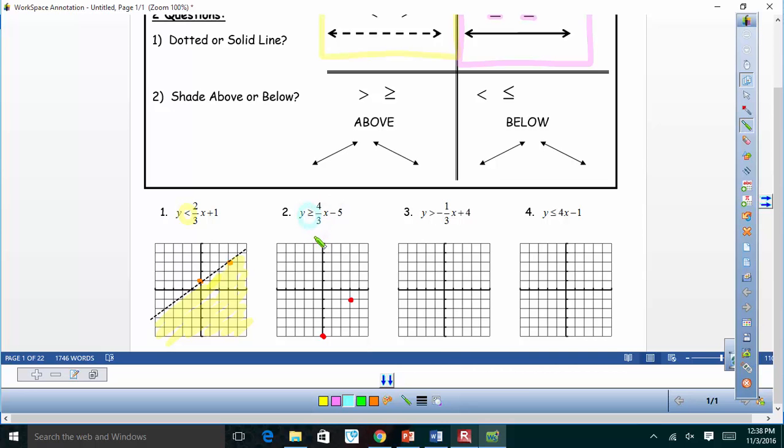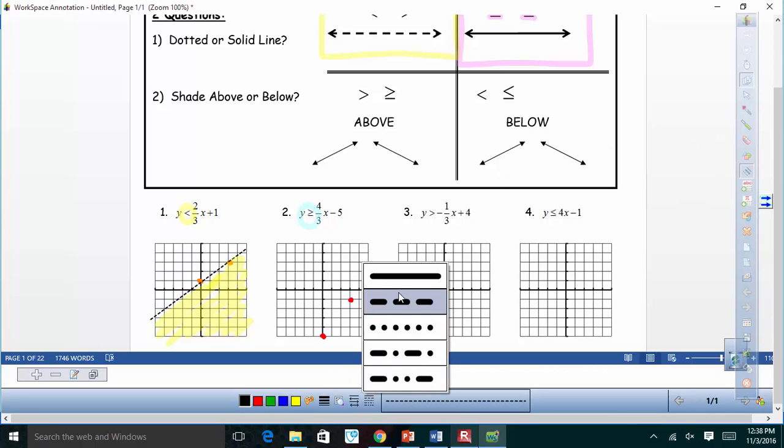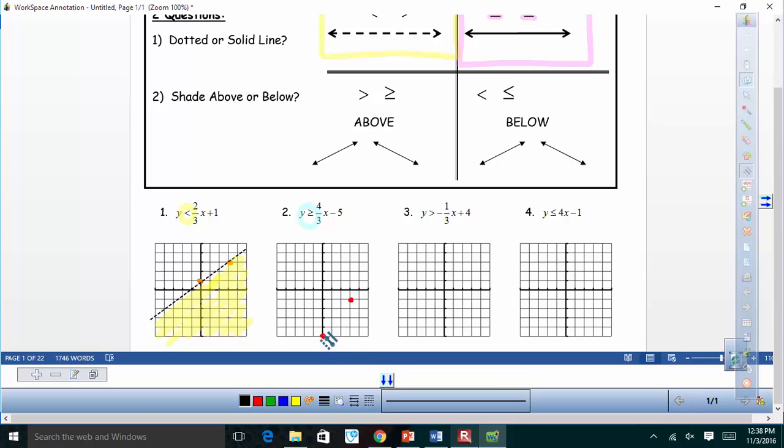Is it solid or dotted? Solid. So I want to draw a solid line. And am I going to shade above or below here? Above, because it's greater than. So this would be above the line.